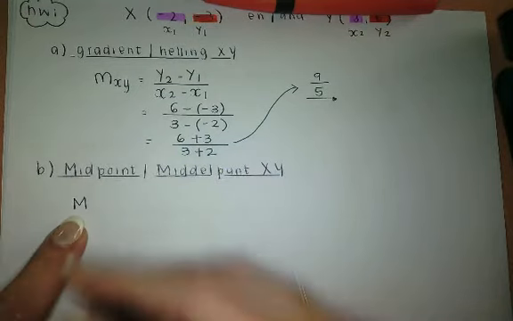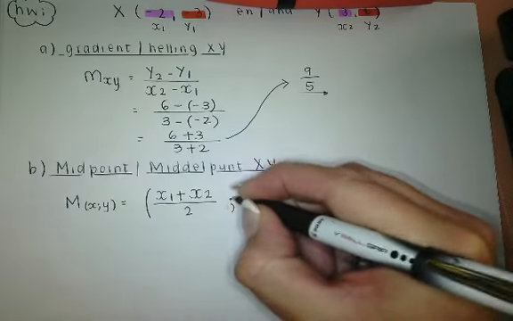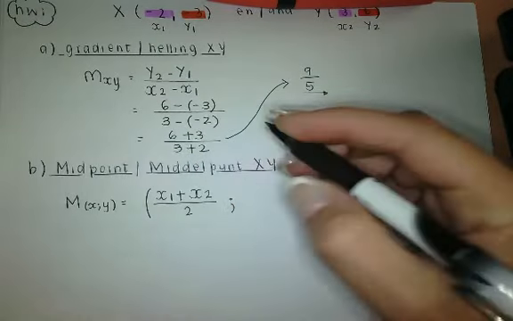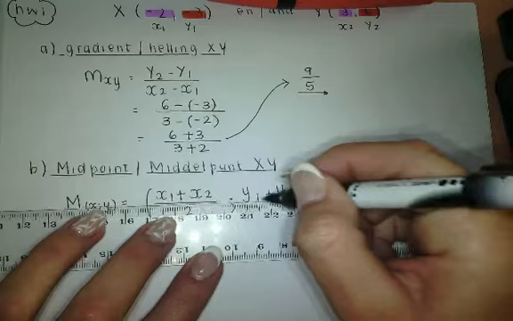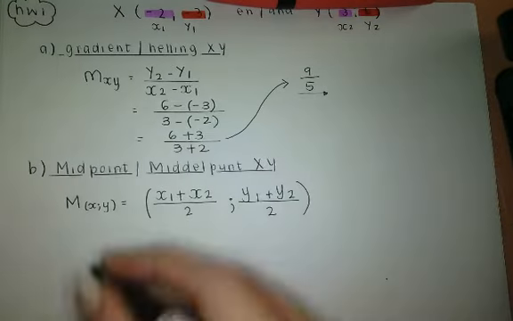And what is my formula? x1 plus x2 divided by 2. It's a coordinate. What's this thing called? A semicolon. Then y1 plus y2 over 2.